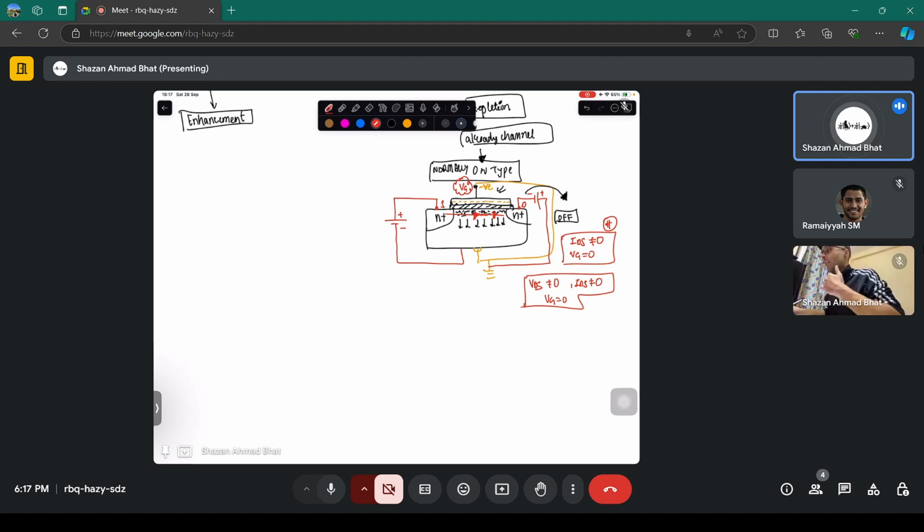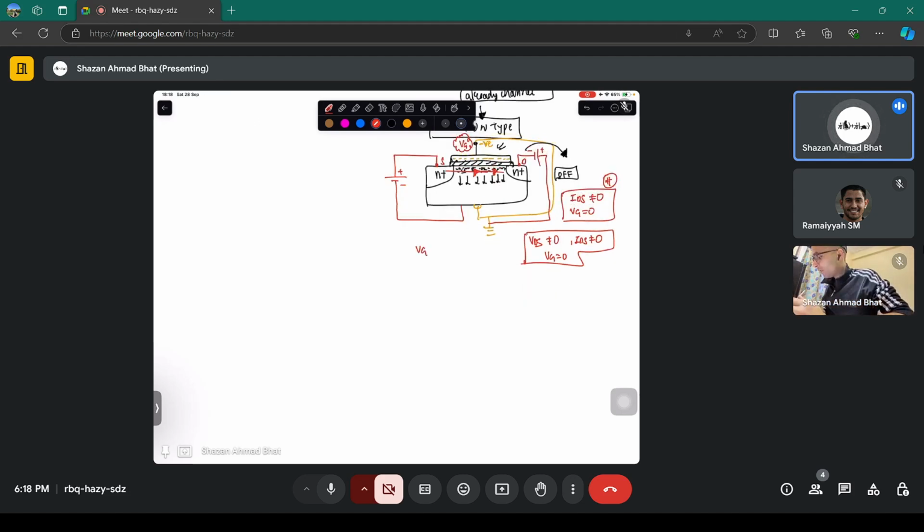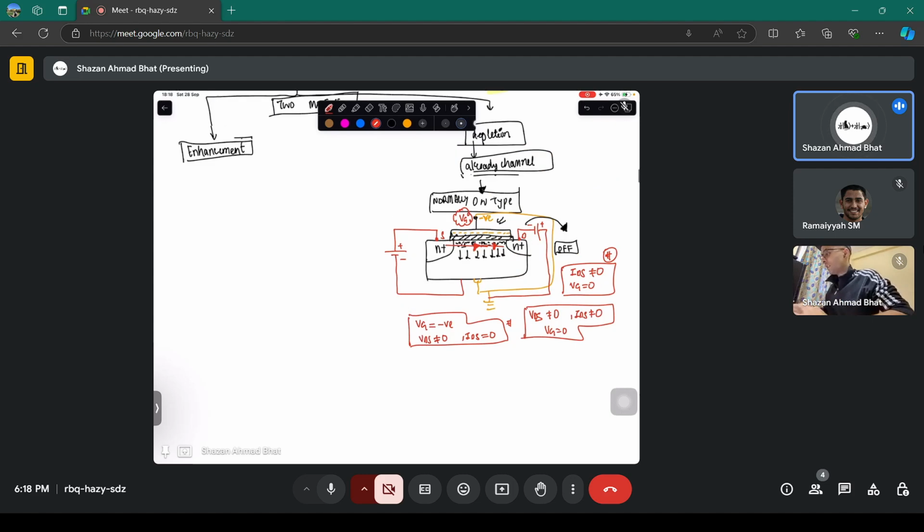Even if you don't have any gate voltage applied, you will have the conduction. But if you apply the gate voltage as negative and you have VDS as some non-zero value, then you can make the IDS equal to 0. You can make this particular drain to source current 0. That is the functioning of a depletion type MOSFET.